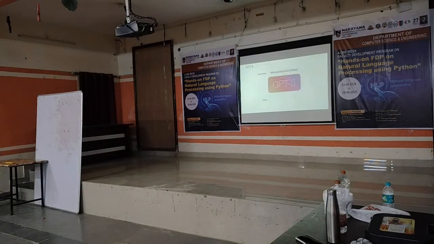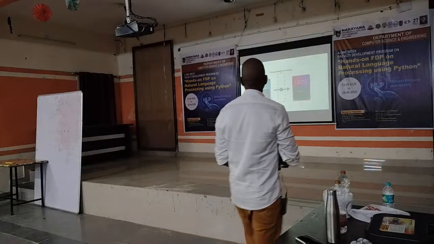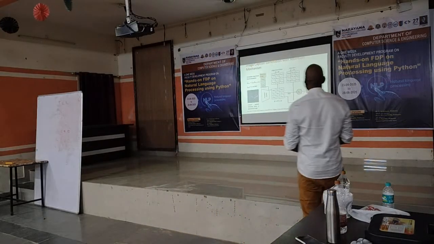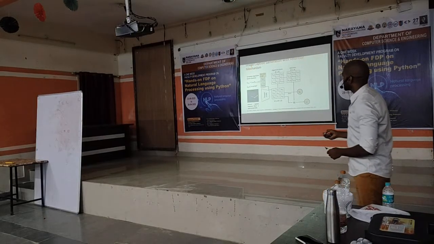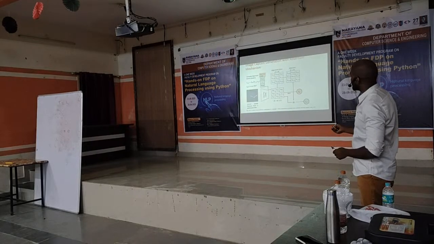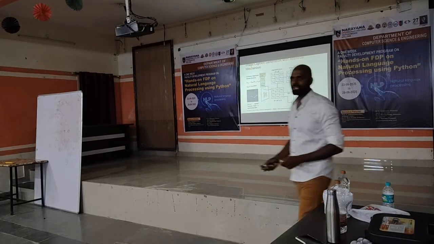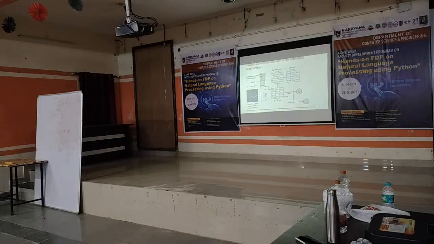If time permits, I will come back to GPT-3 and all, but let me show you something. This is image caption generation with an attention mechanism. Please observe, this is the image. Now you apply a CNN. CNN, we discussed yesterday, right? A series of convolution, ReLU, and pooling.